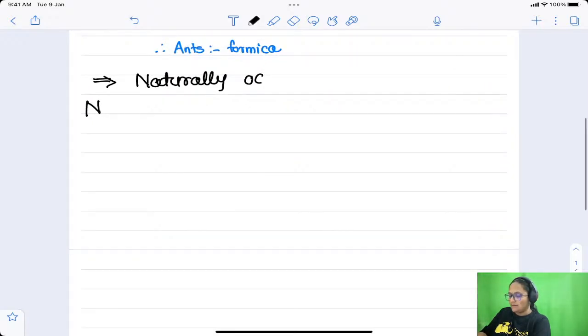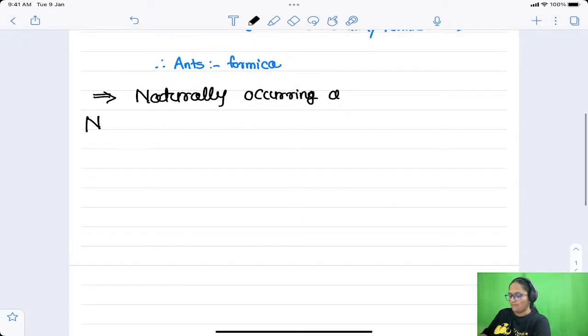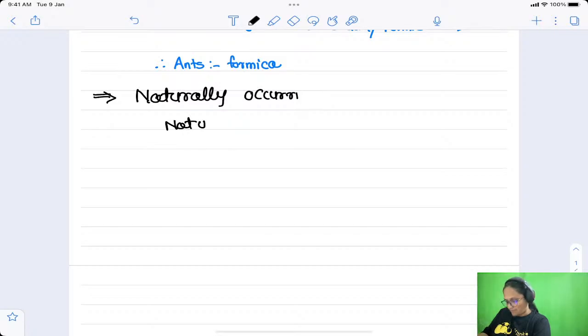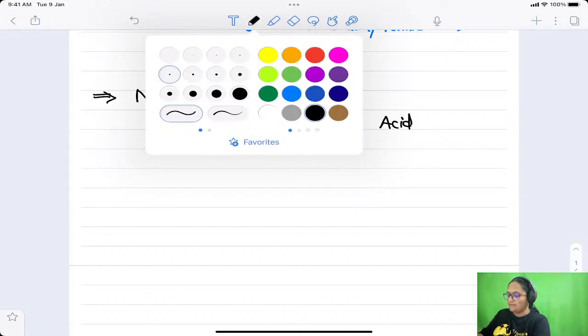Then the natural source from which it is obtained. Natural source and acid. Okay, let us see examples one by one.